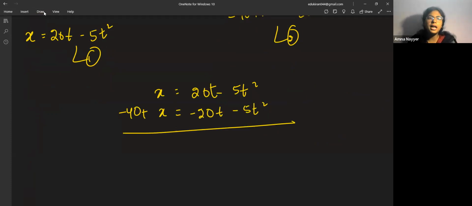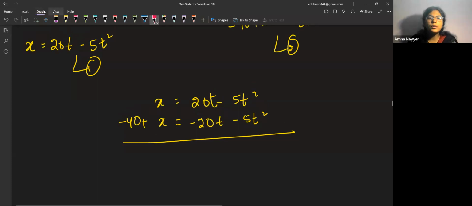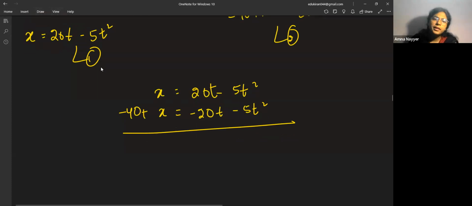If we subtract, signs will change. So this becomes plus, this becomes minus, this becomes plus, this also becomes plus, right? So x minus x will cancel.